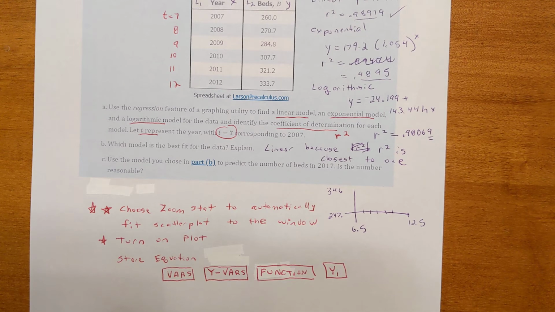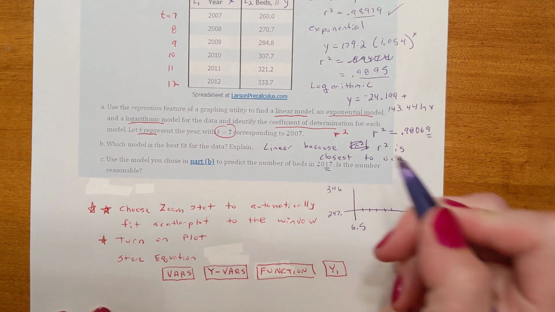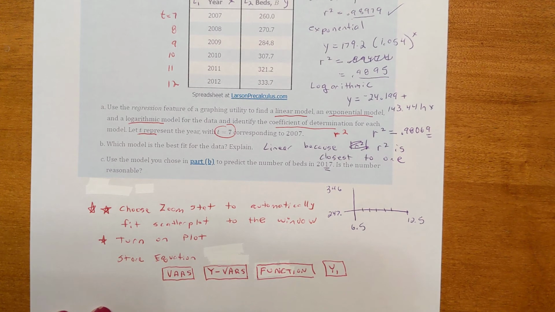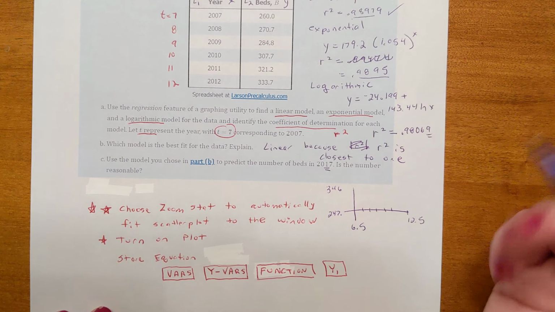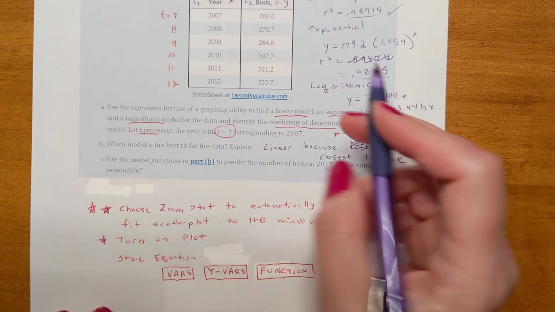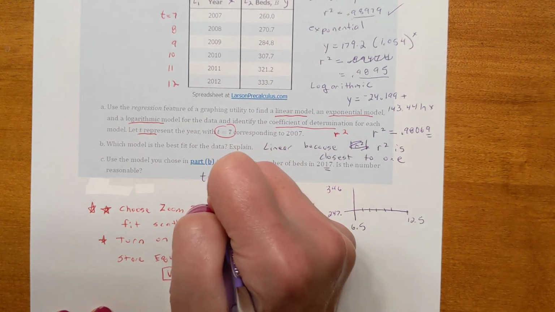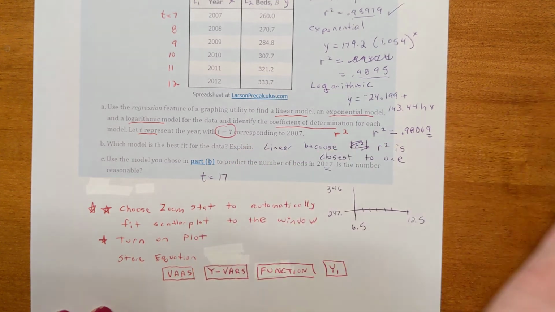It says on C, use your model you chose in part B to predict the number of beds in 2017. So in 2017, be careful, we didn't use the whole entire year when we made the model. We used just the last number. So in 2017, T is going to be equal to 17, not 2017. You want to plug in 17.